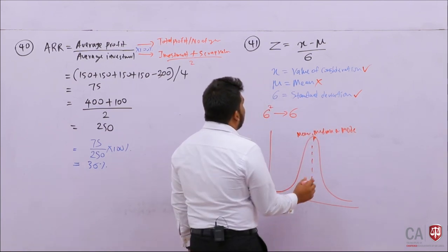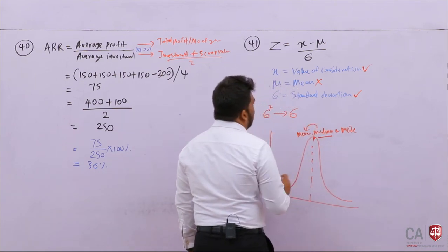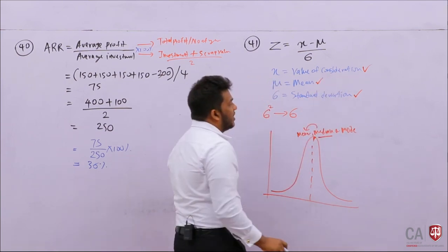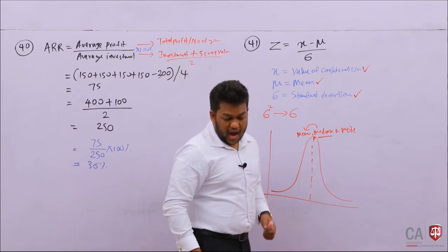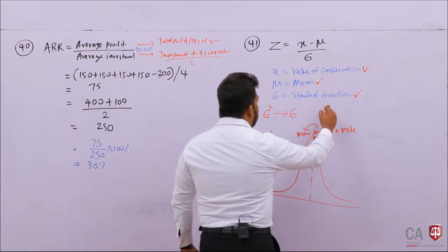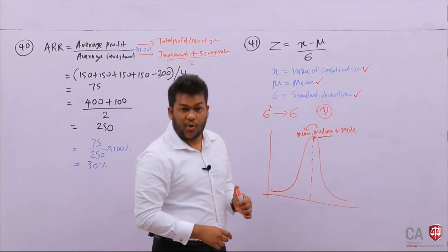So in that case, median is equal to mean here. So in that case, mean also you can get. So if you have all these, is that possible? Yes, that is possible. So answer for this 41 is answer D. It is possible to calculate the Z score.